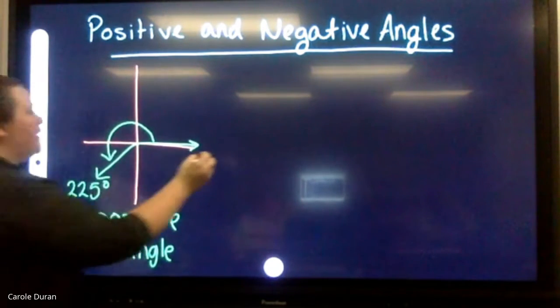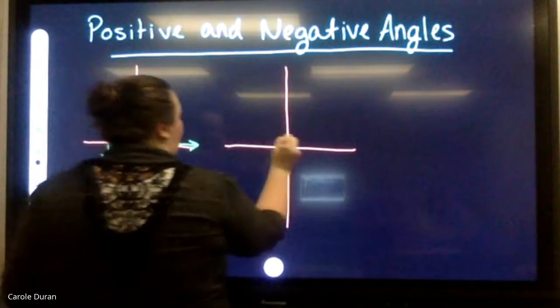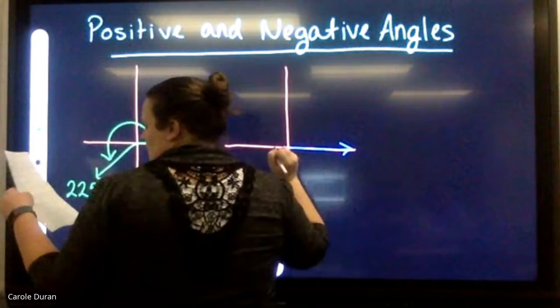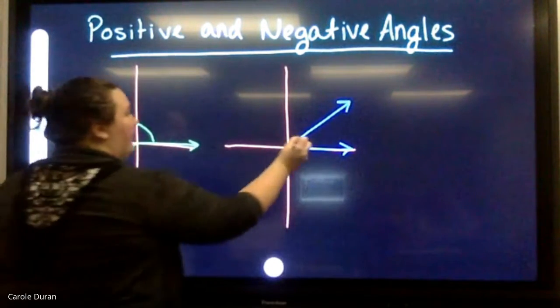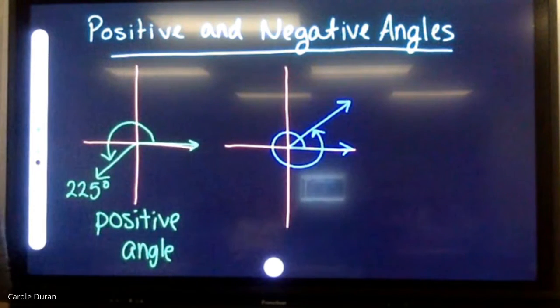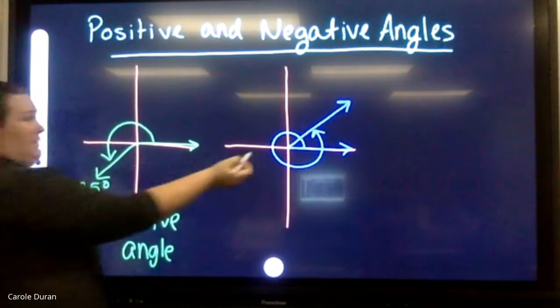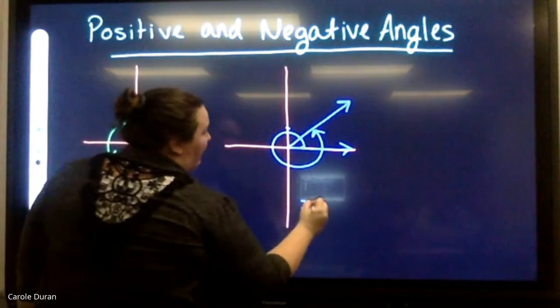If I had another angle from my fixed side that opened up there and the indicated direction was that it opened up first, would that make it a positive angle or a negative angle? Positive, because it opened up. This tells me that from my fixed angle, it went up and then around, which makes it positive.